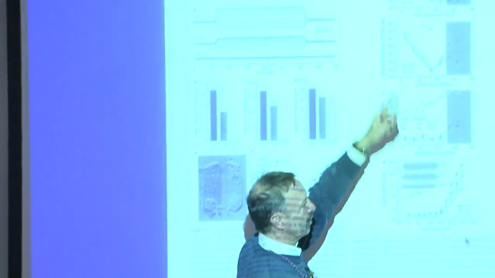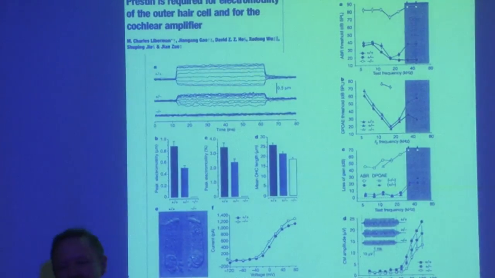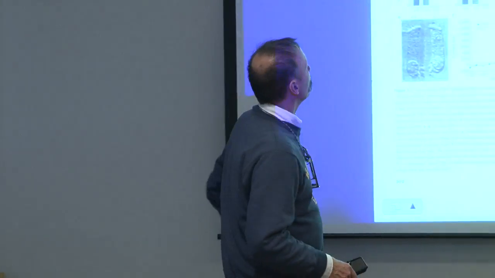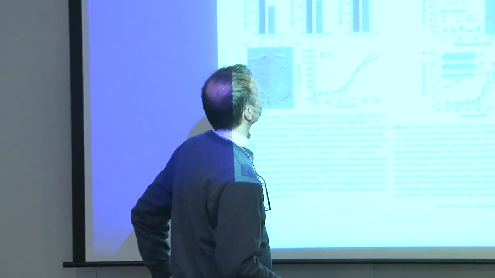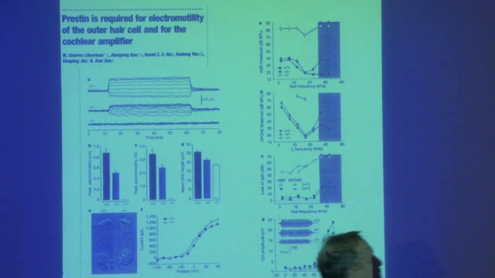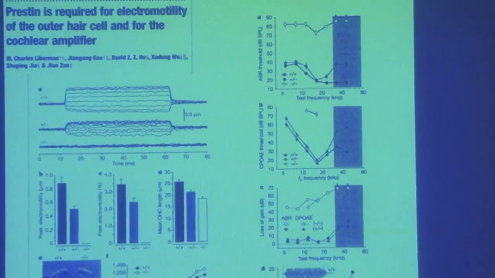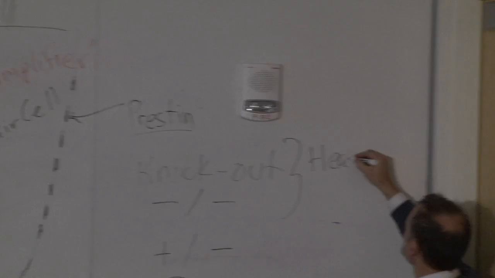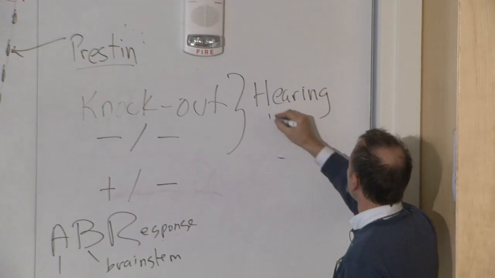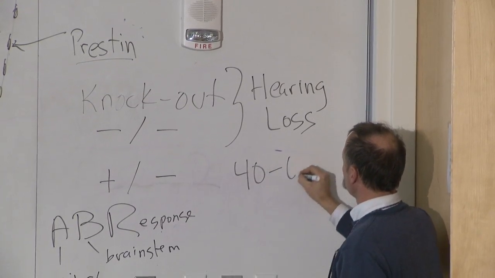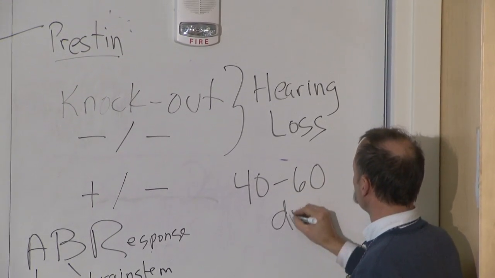And what does it show? It shows that without Prestin, in the knockout animal, you have a huge hearing loss. How big is the hearing loss? Well, looks like it's about 40 to 60 dB. So when you have Prestin knocked out, you have a hearing loss of 40 to 60 dB.